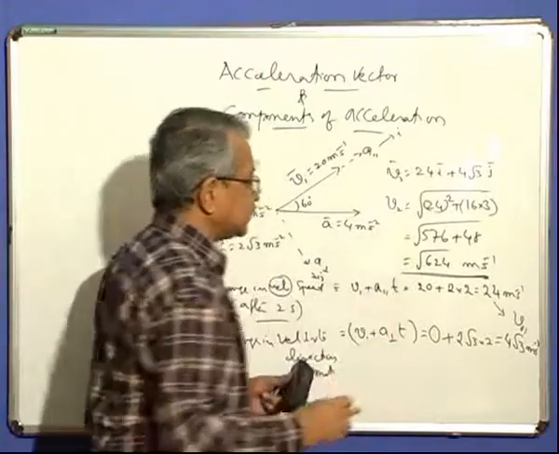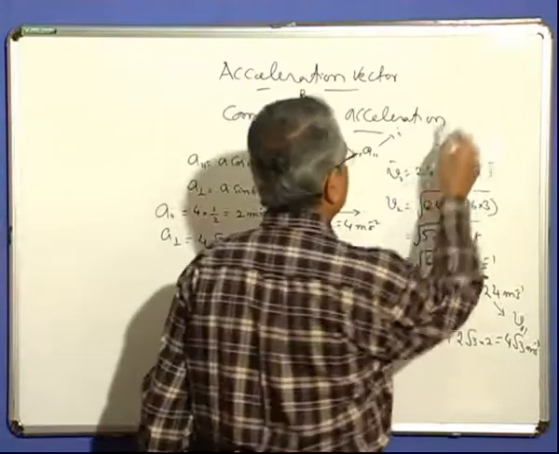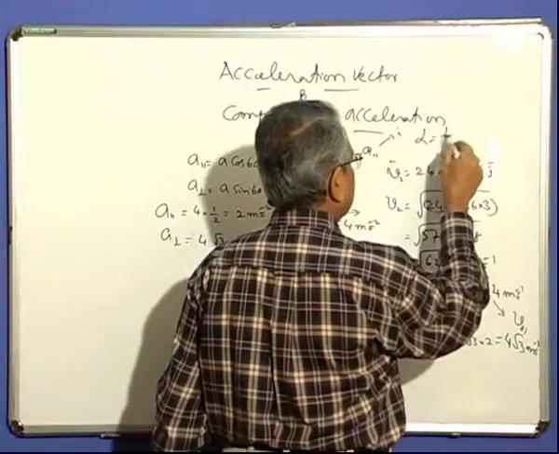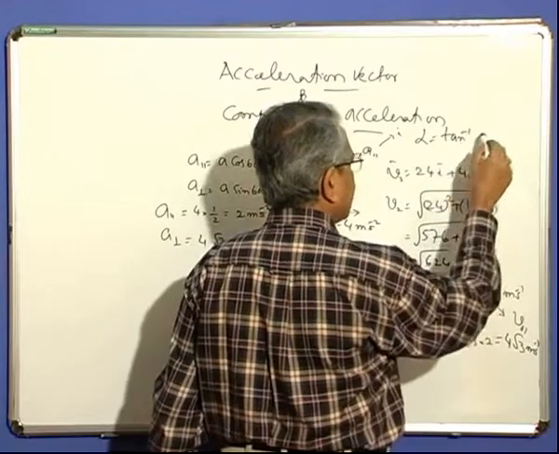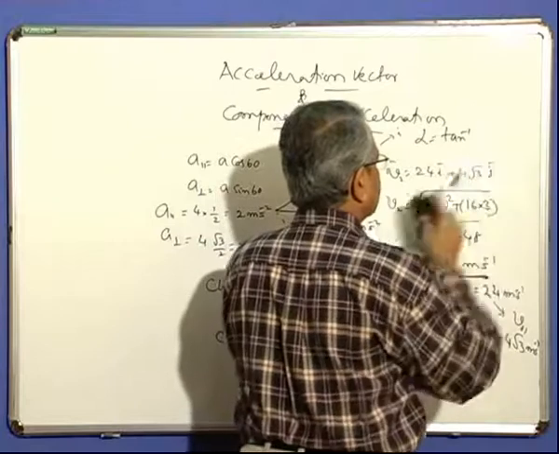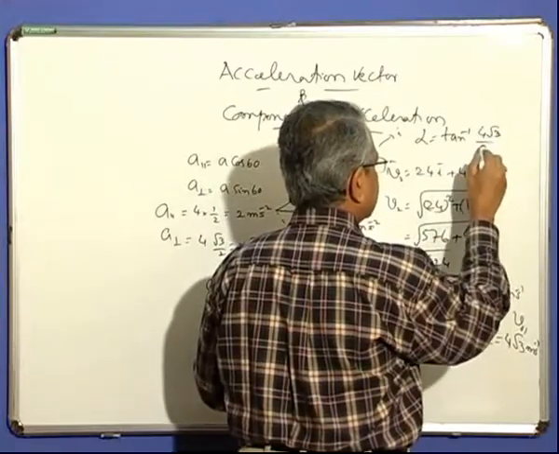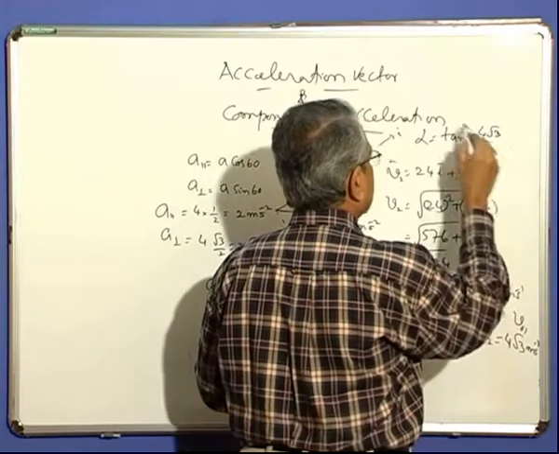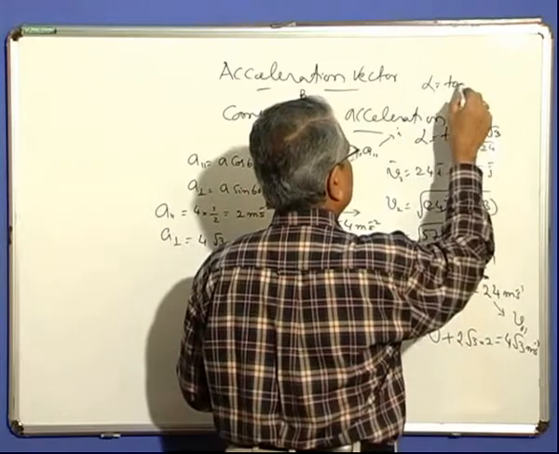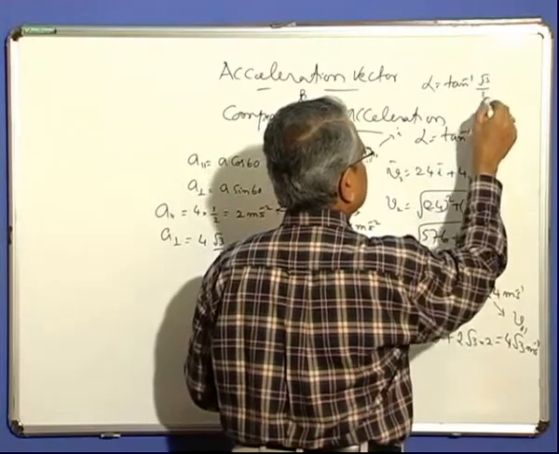That is the magnitude change. In which direction is the change taking place? The directional change, once again, is given by that alpha, which is tan inverse of 4 root 3 by 24, the y component by the x component. That means alpha is equal to tan inverse root 3 by 6.